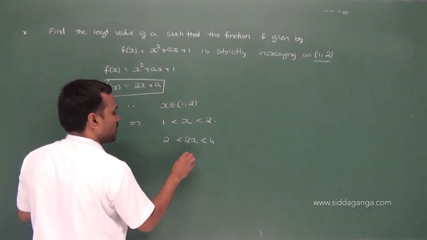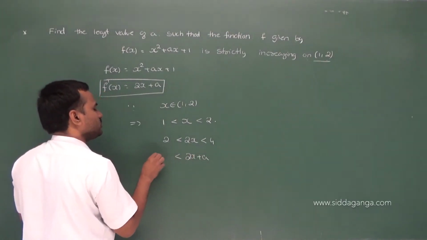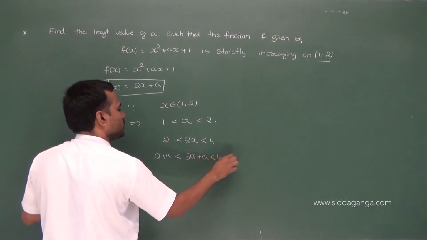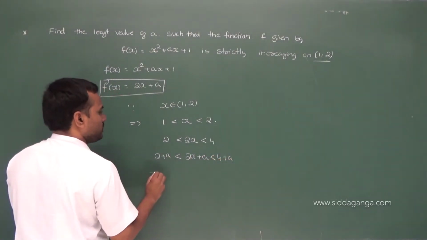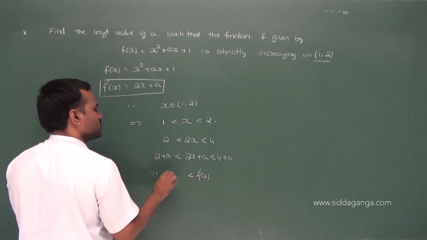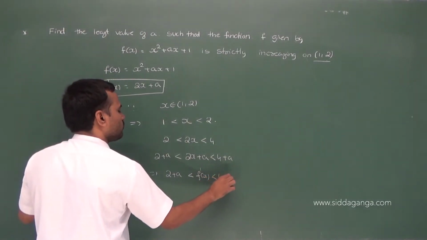Plus a, I have to add. 2x plus a is greater than 2 plus a, less than 4 plus a. So that implies f dash of x is greater than 2 plus a, less than 4 plus a.